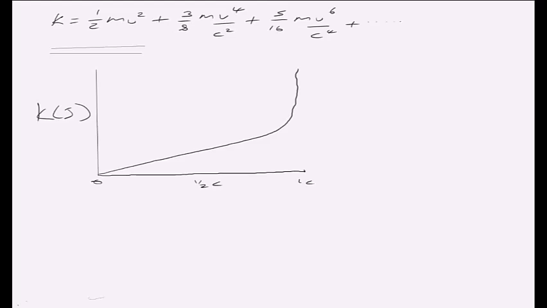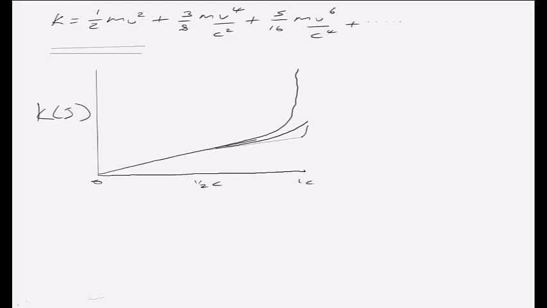And the approximations to the term are accurate except at high relativistic speeds. So, for example, if we only had the first term in the approximation of the series, we might get something like this before it starts to asymptote. And if we only had the second term, it might be something like this.